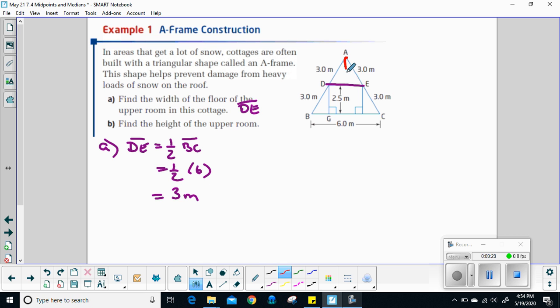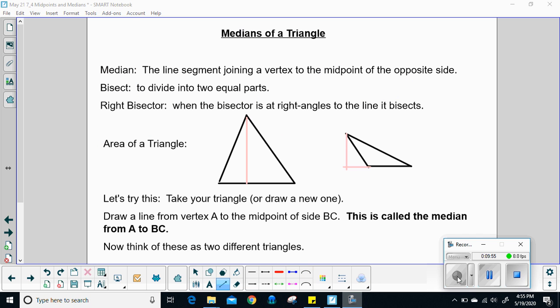So my height is here. And remember that the line that connects the two midpoints also divides the total height by 2, right? Which means this height and this height are the same. Oh, well, we already know that too. So height is equal to 2.5 meters. Nice.